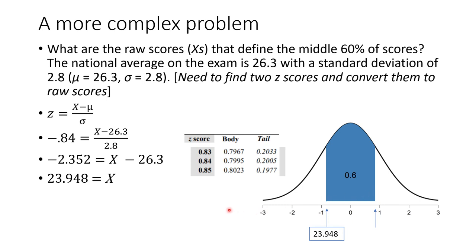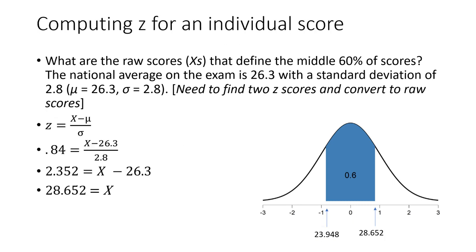Now we need to do the exact same thing for the other side of the middle 60%. So use the same steps, except now the z-score you're going to be using is a positive 0.84.